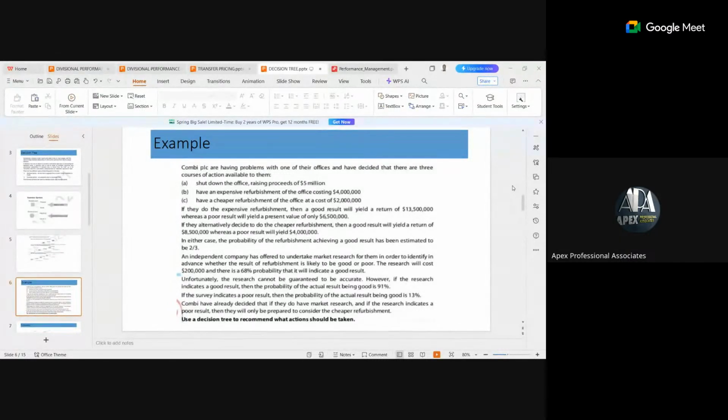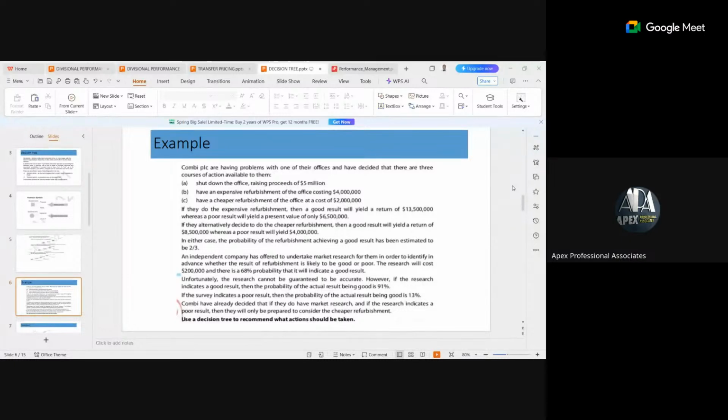Yes. So, unfortunately, the research cannot be guaranteed to be accurate. However, if the research indicates a good result, then the probability of the actual result being good is 91.